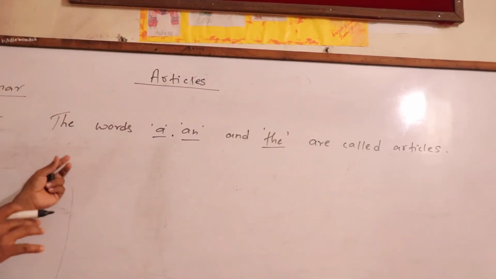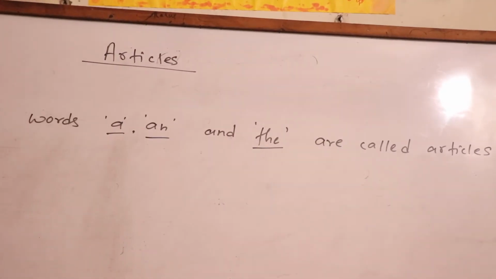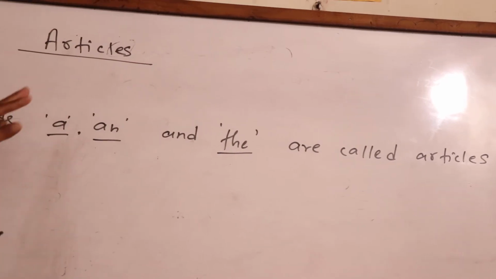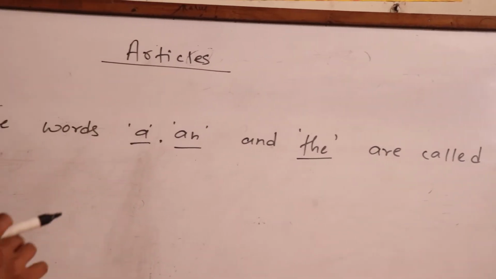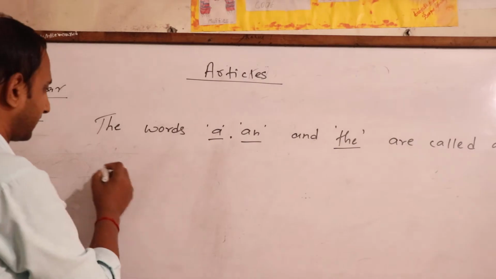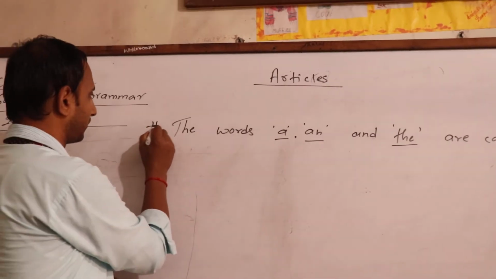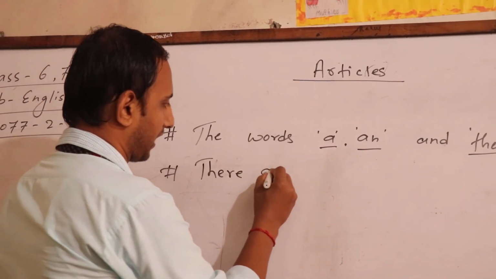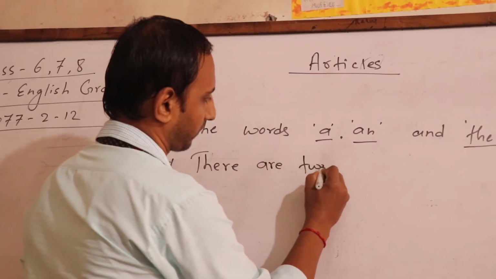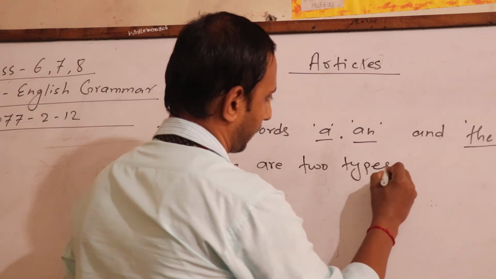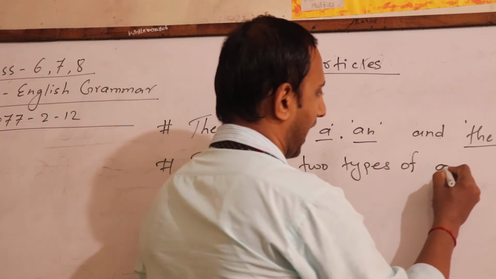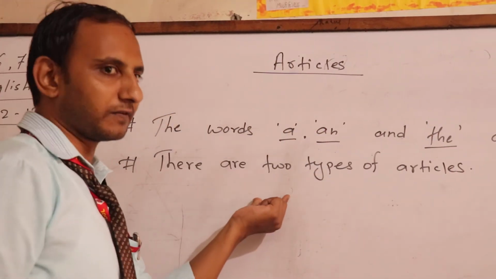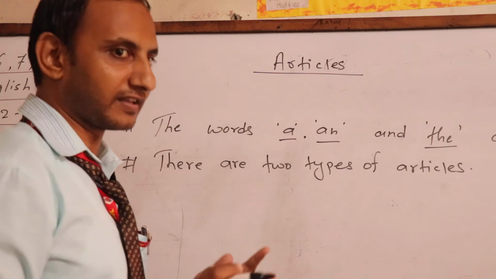So in English, there are mainly two types of articles, isn't it? If you have to divide articles into two parts, then what are they? Let's divide. So articles, this is point number one. Second point: there are two types of articles. So how many types of articles are there? Two.